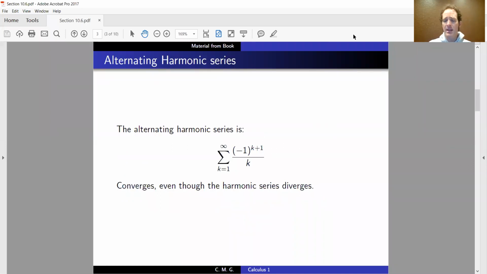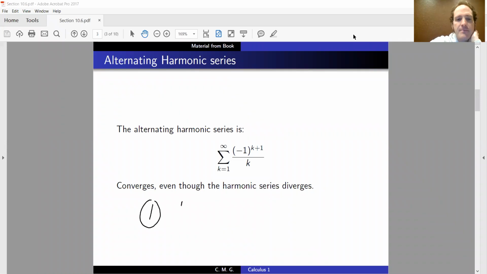In particular, last time we did something with the harmonic series, the sum of 1 over k, and we showed that it does not converge. Well, the nice thing here is the alternating harmonic series, where we put a sign on each of these terms that alternates between positive and negative. This is actually convergent. How do I show that? I've got two things to check.